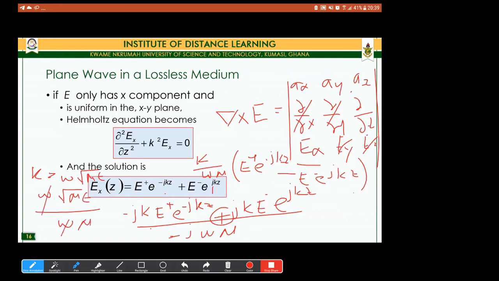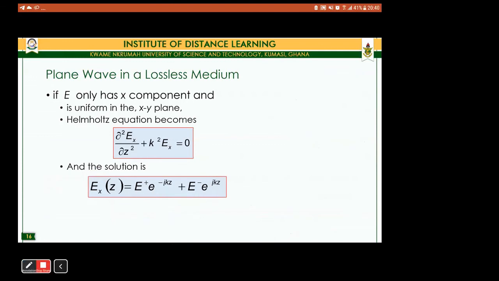So omega cancels out, and this raised to the power half, this becomes minus, and this will be square root of epsilon divided by mu. And this is called what? It's called the impedance, or the wave impedance. And that equation is what you have in this slide here.